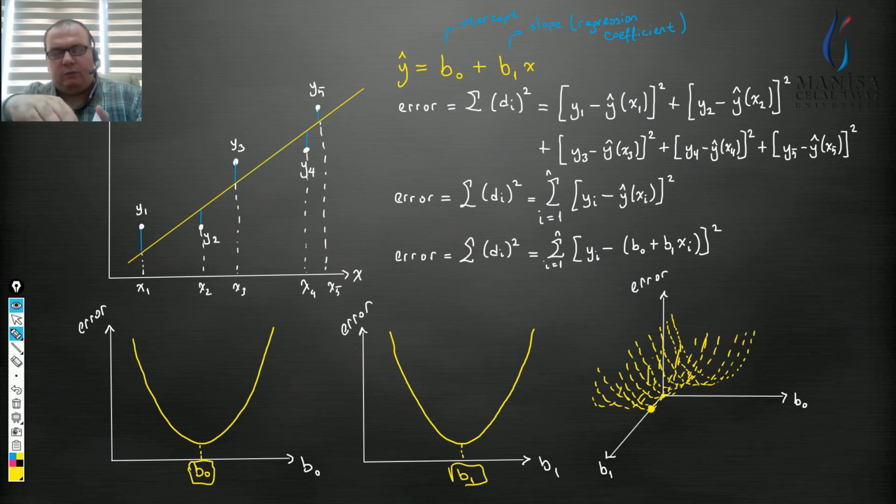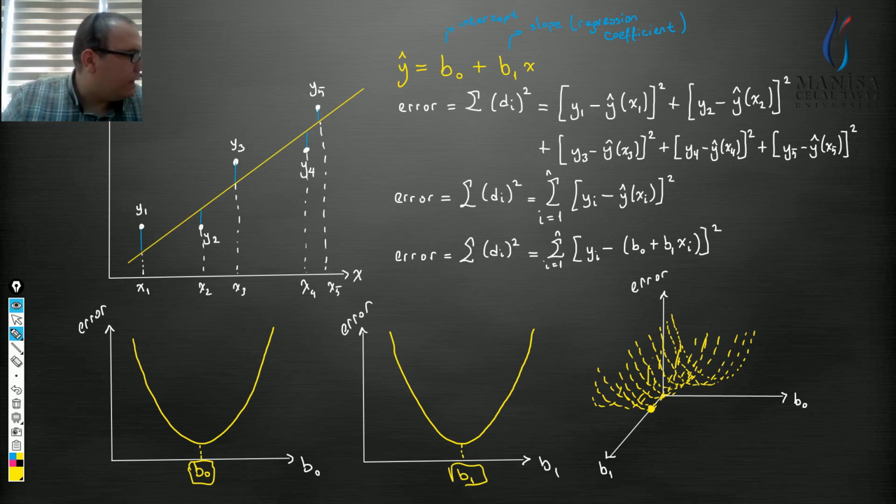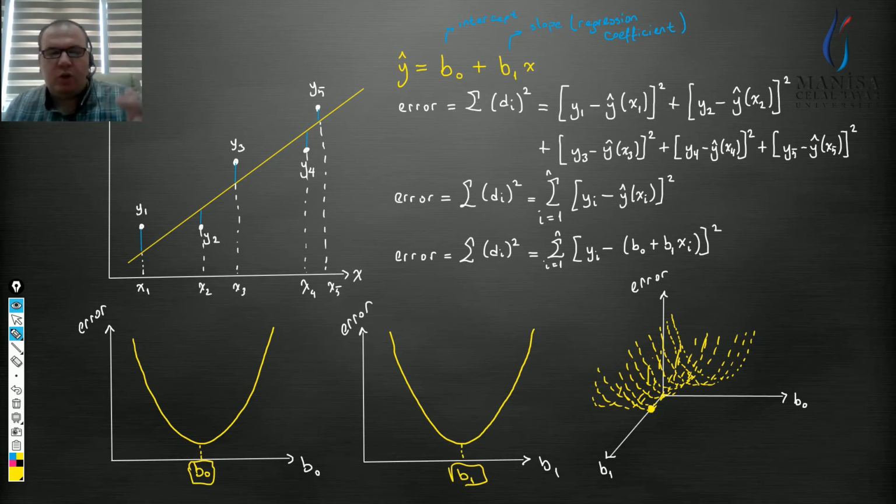With this curve we can change the value of b0, and also we can change the value of b1, but we are going to find the set of values b0 and b1 that gives the minimum error. So how can we find the values for b0 and b1 to find the minimum total error?